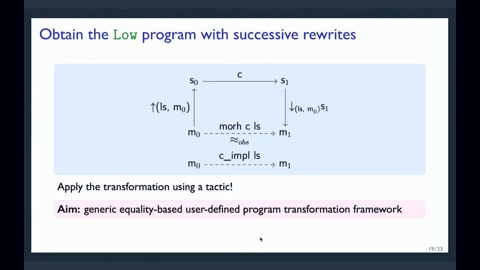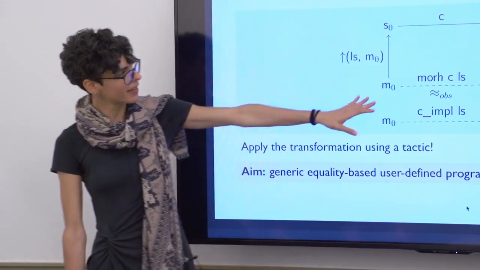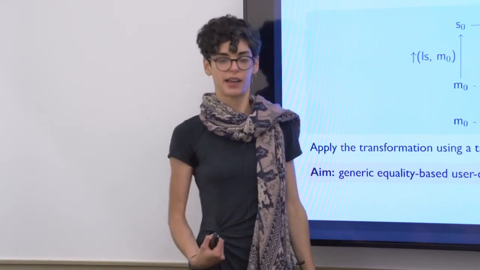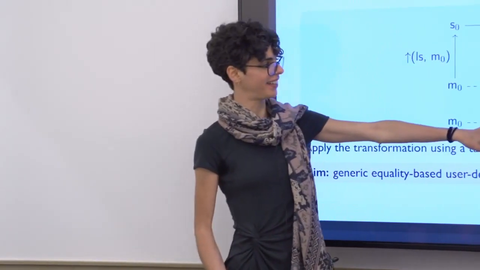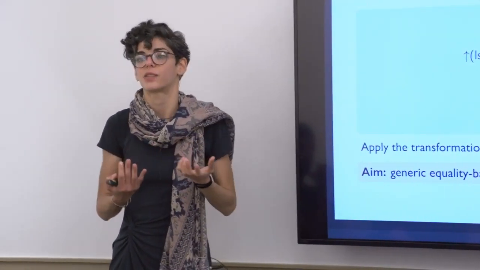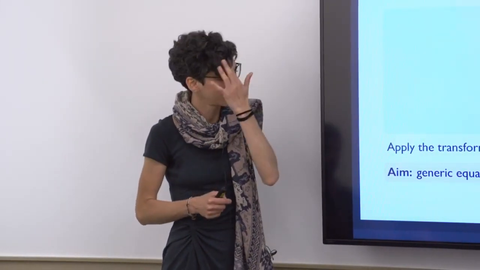And here's the high-level picture. We have a high-level computation that we can turn with morph into a low-level computation, and then we can successively apply the rewrite steps in order to obtain the low-level implementation of the program, which is exactly what we want it to be.